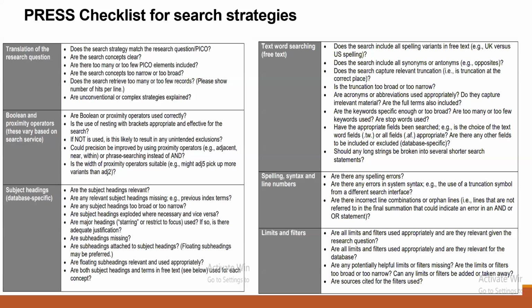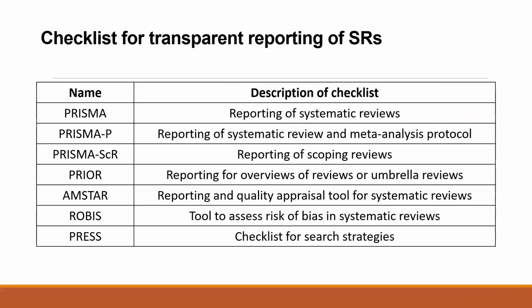In that case, it will be a difficult task. So always try to include a subject expert, or persons who have already conducted systematic reviews, in your team right from the start, so that they will guide you in each and every step of your systematic review. Specifically in the search area, take help of those expert people.